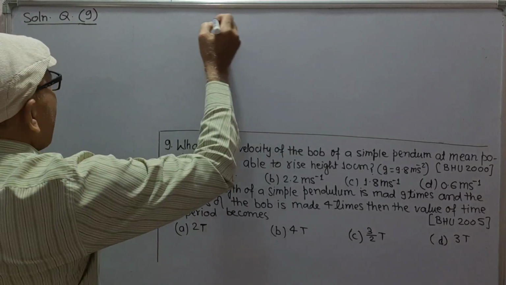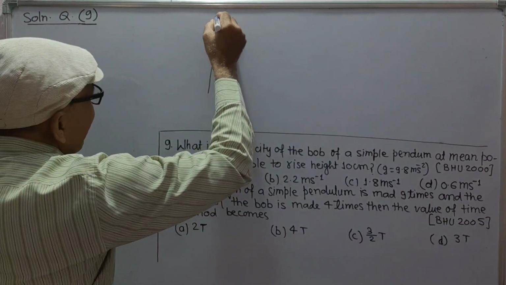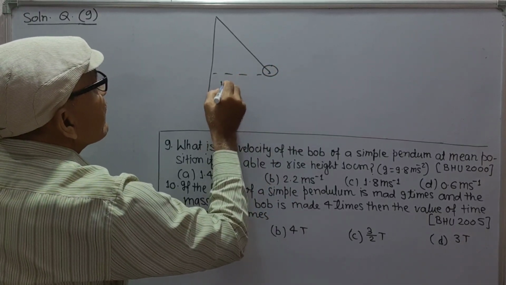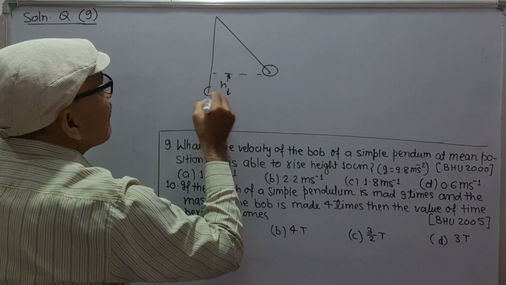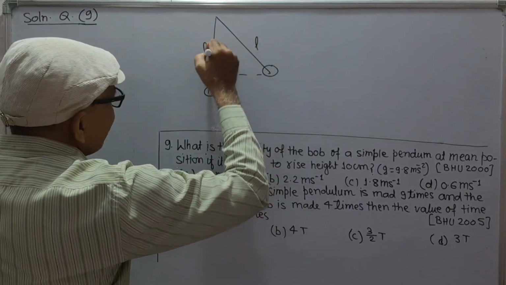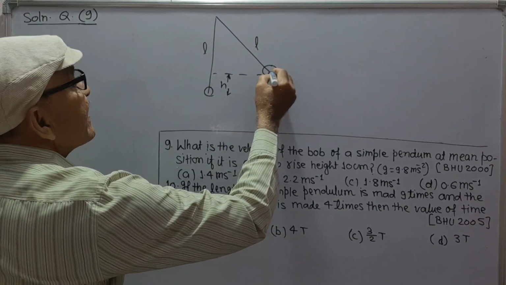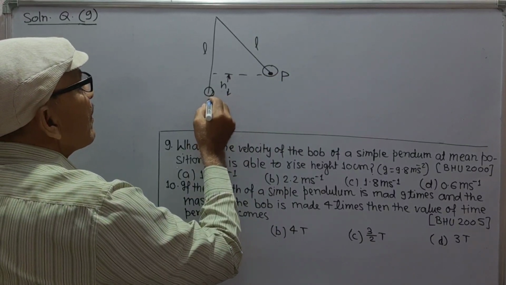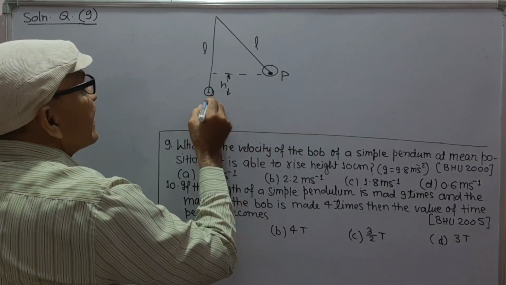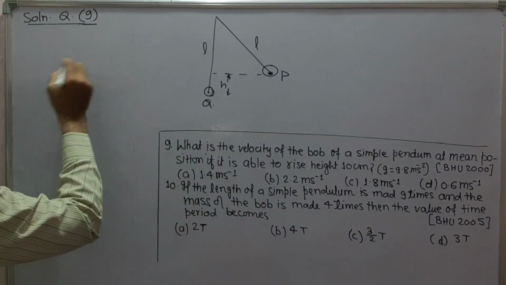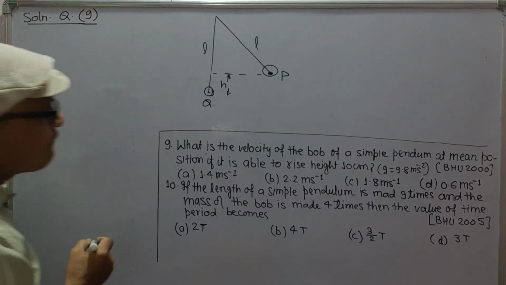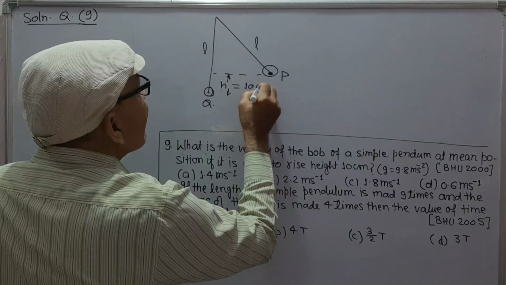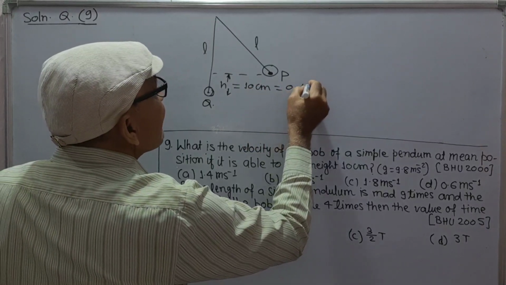Here this is height h, this is L. Clearly, total energy at P will be equal to total energy at Q. From the law of conservation of energy, here H is given to be 10 cm, 0.1 meter.